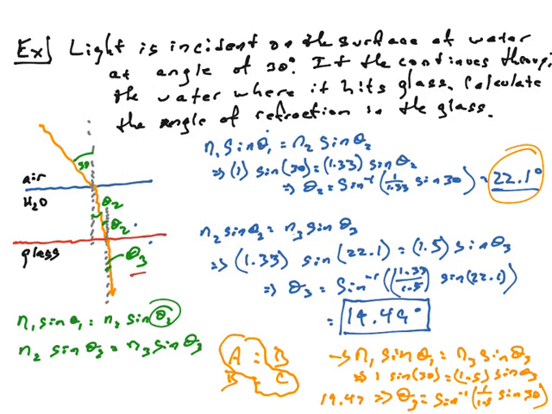If this is real world stuff, or you have a tricky question or a professor who wants to trick you, because things like the critical angle exist, where if you remember what critical angle was, that's when the light is going from a more dense medium to a less dense medium. If the angle is too big, bigger than the critical angle, then the light doesn't actually pass into the next layer. It reflects instead.